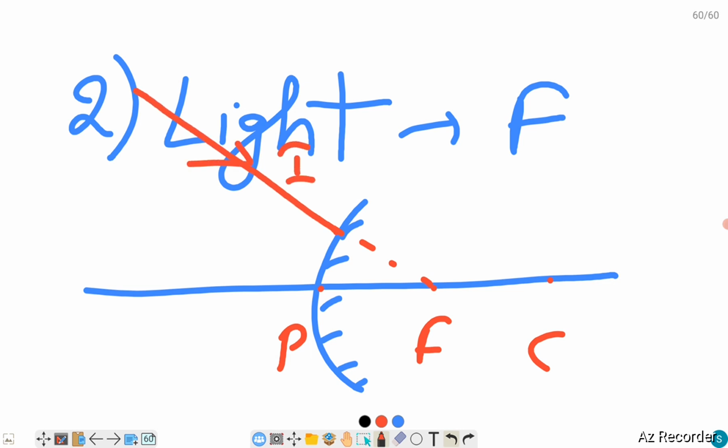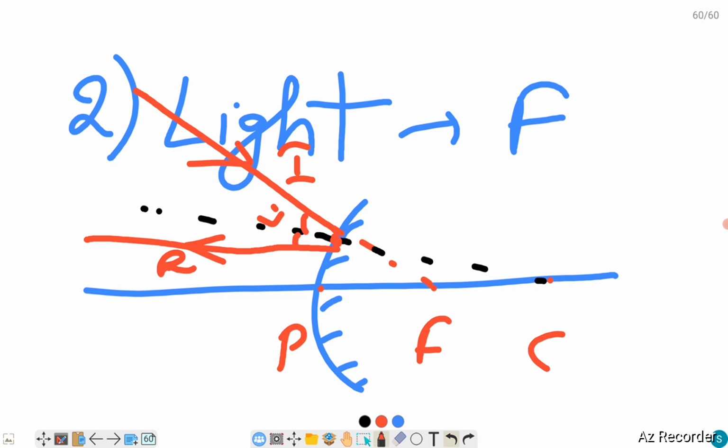This is I. Now the normal, same, you have to take from the center. Use the scale, you get it correctly. Let me draw the reflected ray from the point of incidence. It will be like this. This is the reflected ray. Understood? If you measure angle I and angle R here, they will be equal. Whatever you have learned in concave, the same thing applies, but you just need to see where you are taking the silver surface and the points.